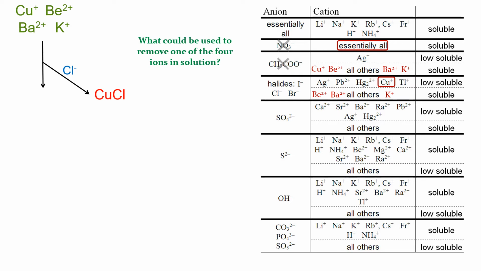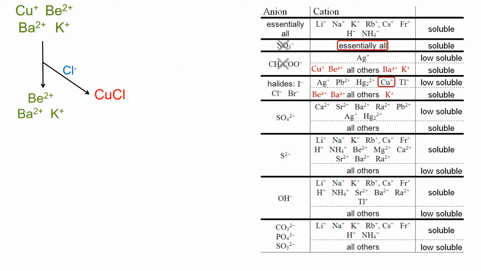So CuCl has now been pulled out of solution, and the rest of the cations will flush down. So Be2+, Ba2+, and K+, flush down to the next round. Now since I used the halide, I'm now going to cross that out with pencil because, well, it wouldn't form a solid with the 3 remaining cations that I have.